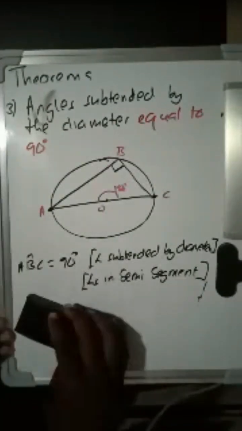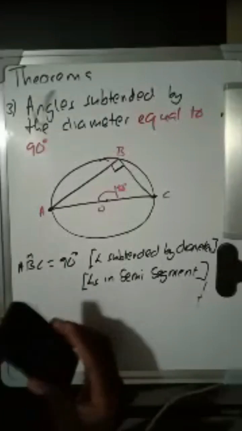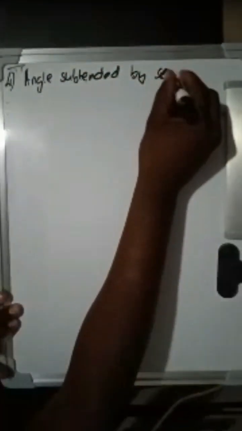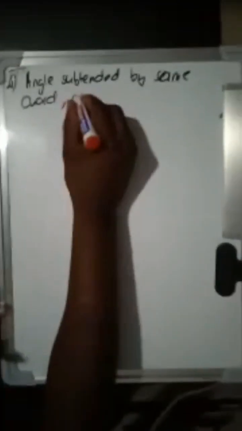The next one, which comes from number 2 that we talked about, is number 4, which is angles subtended by the same chord on the circumference are equal.